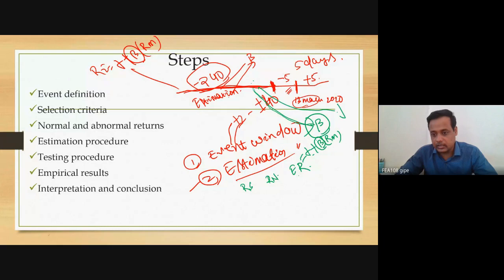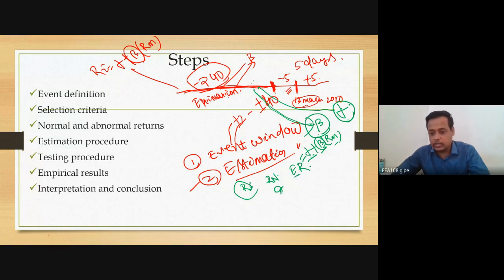We can also take alpha from the 240 days. Don't take alpha from the event window. Alpha from 240 days, beta from 240 days, but Rm, the return on Nifty, you take from the event window. Again I am repeating: you take alpha from the estimation window, beta value from the estimation window, and Rm from the event window.